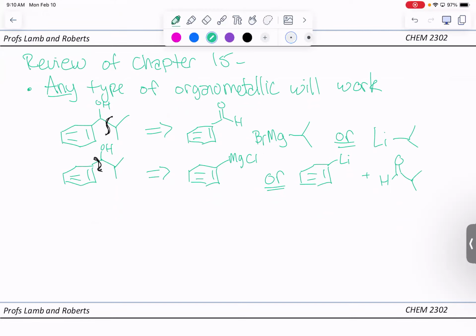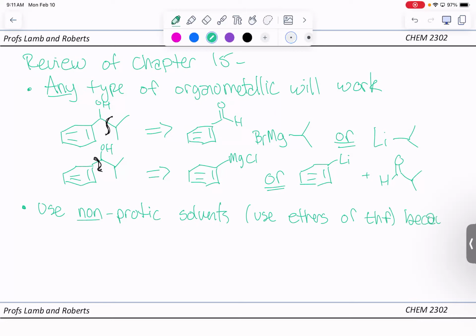All right, and then the other thing I wanted to review is the fact that we use non-protic solvents. We talked about the fact that organometallics are often used as bases. So if you have a proton there, we can use something like ethers or tetrahydrofuran, so that's THF, because protic solvents react.